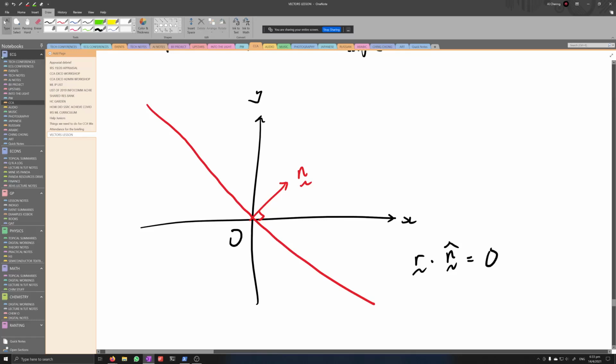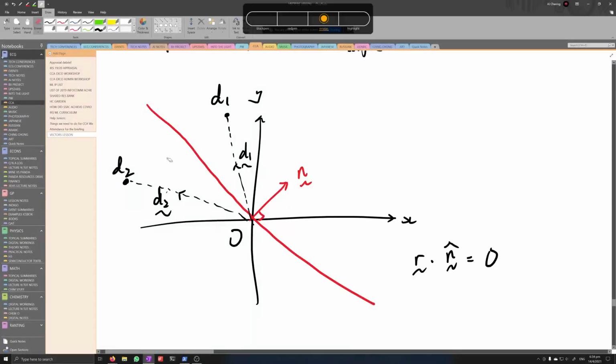So if we now consider a point here, call it D1, and a point here, D2, that means that we have vectors like so. D1 and D2, like so.